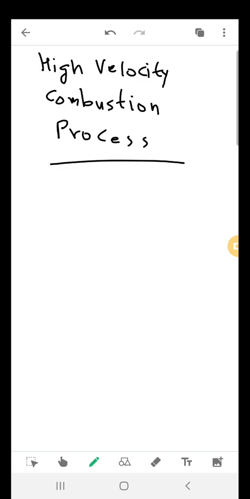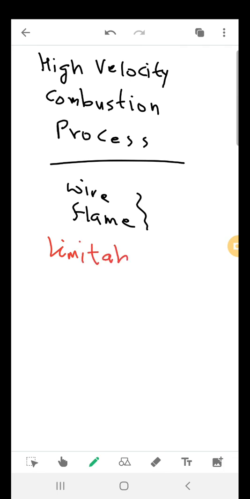Now, in the sprays that we have discussed, the wire spray, the flame spray, and also the powder spray, especially in wire and flame spray, there is a limitation that the integrity of the material is compromised sometimes.